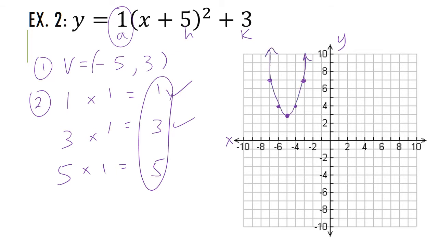Now you notice I didn't do the 5th one, the 5-unit one, because it doesn't fit on my graph. Having that many points is enough to make our parabola. If you can't fit the last one on, don't worry about it. If you can fit the 3rd one on, go for it. So hopefully that makes a little bit more sense for graphing parabolas.